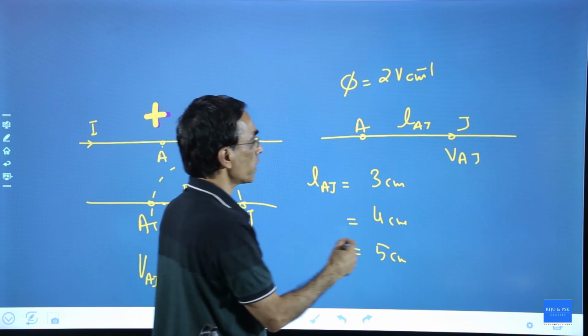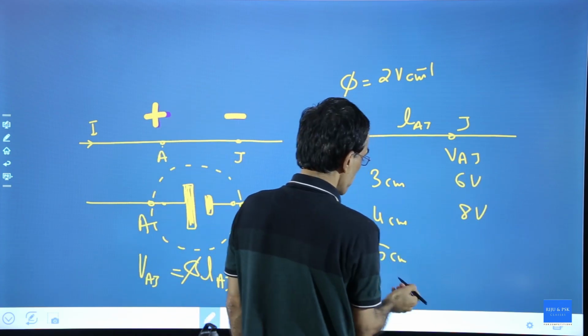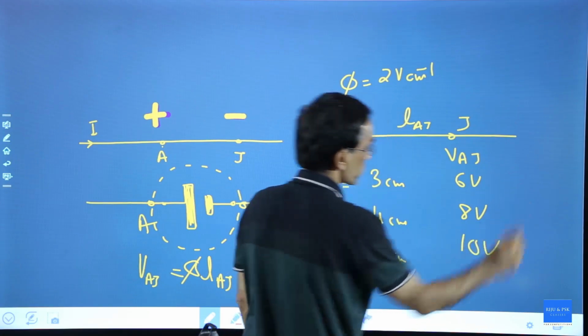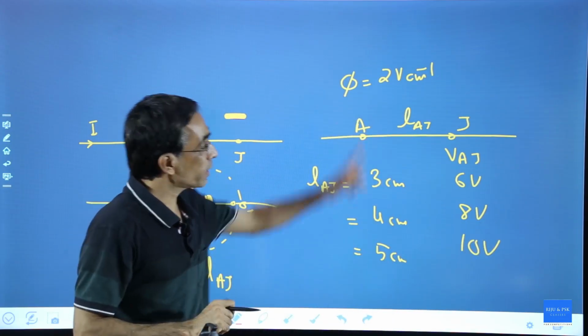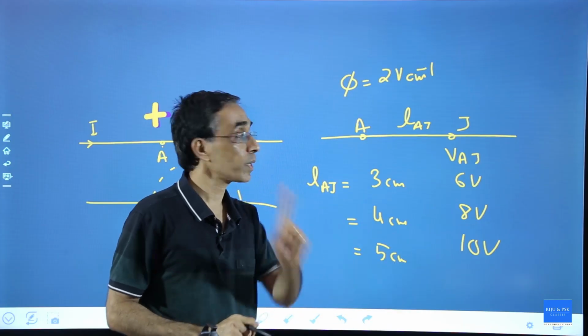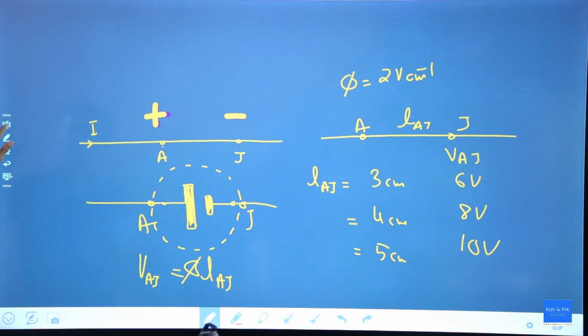I told you this earlier: 3 into 2 is 6 volt, 4 into 2 is 8 volt, 5 into 2 is 10 volt. If you want to understand the potentiometer, keep this in mind. When I explain, I will be using these values. Keep this in mind. Okay, fine.